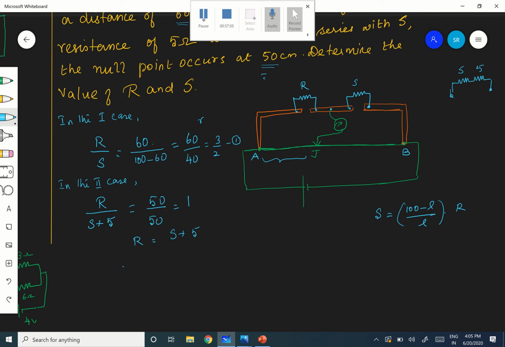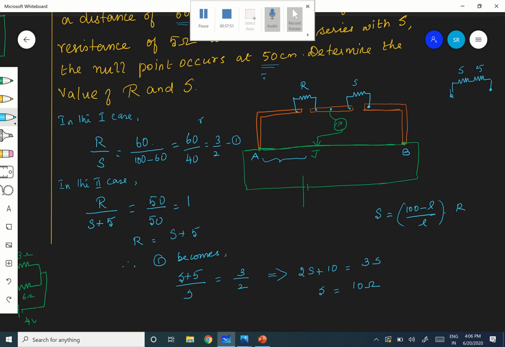Therefore, S plus 5 divided by S is equal to 3 by 2, which implies 2S plus 10 is equal to 3S, which means that your S is equal to 10 ohm.